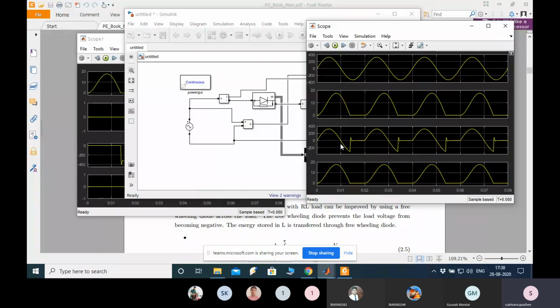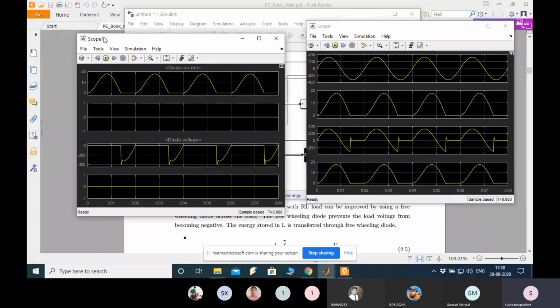Any doubt regarding this? This is the half-wave rectifiers with all different loads, R, RL, RC, C, all those things. You saw the source voltage, source current, load voltage, load current, as well as diode voltage, as well as diode current.